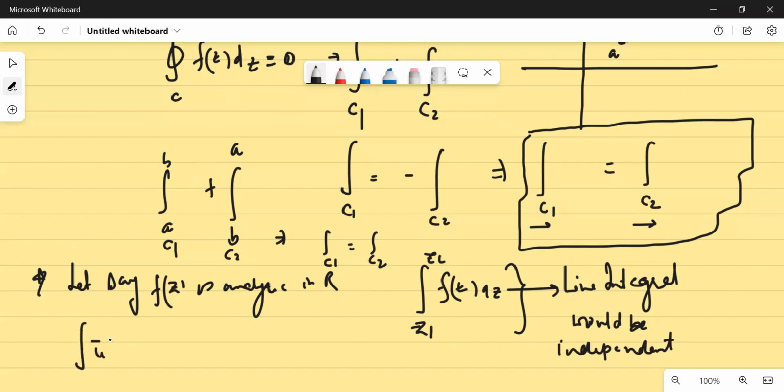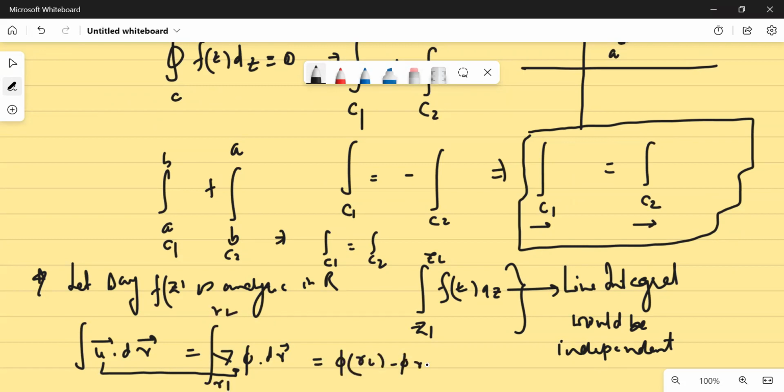If I say that a vector u is a conservative vector field, I can write it as grad phi dot dr. Remember? If it is a conservative vector field, then I can write it in some potential formulation, grad of something. If I'm moving from R1 to R2, this will give me phi(R2) minus phi(R1). So eventually, my integration depends on the initial and final points. It does not depend on the path taken to reach from R1 to R2. This is a similar statement, and that is why I want to draw your attention to it.